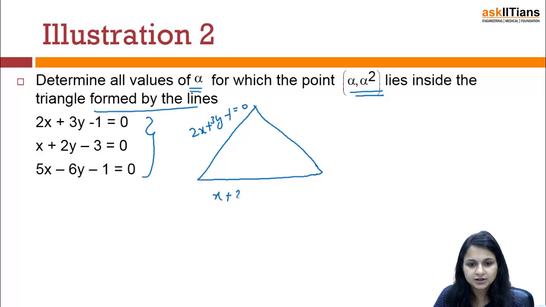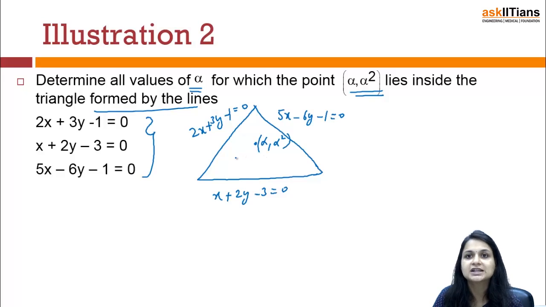So this is x plus 2y minus 3 equal to 0. And here I have 5x minus 6y minus 1 equal to 0. Now, here is a point (alpha, alpha square) and we want it to be inside the triangle.